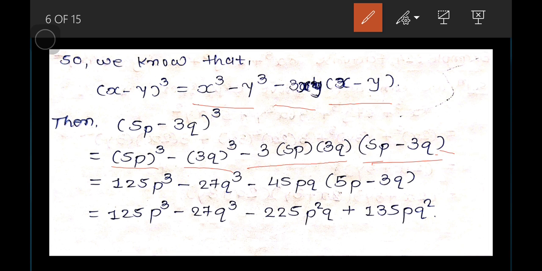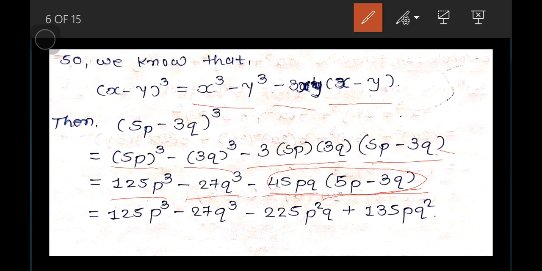So the cube of 5p is 125p cube, the cube of 3q is 27q cube, minus 3 fives are 15 and 15 threes are 45pq, into (5p - 3q). Now we multiply this product.